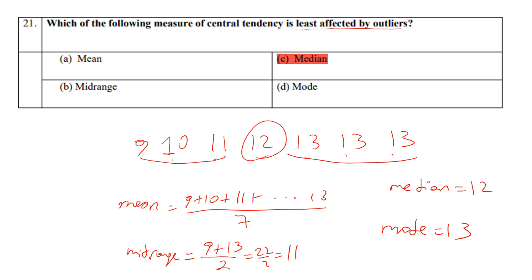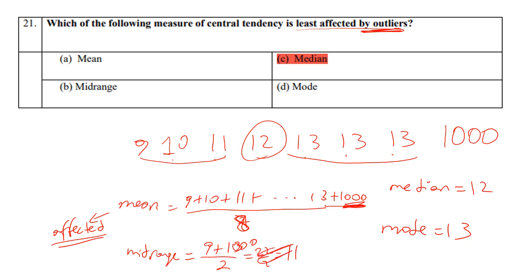Now, if the data has an outlier, meaning a very, very big value attached to the data, or a very, very low value, for example when you put 1,000, what happens? The new mean will be with 1,000 added, divided by 8, and this mean changes. This is affected because we have 1,000 here, and the mid-range will change.